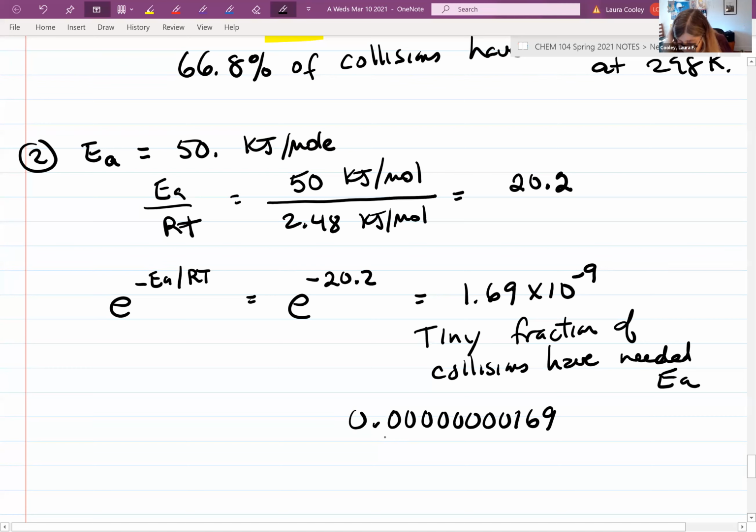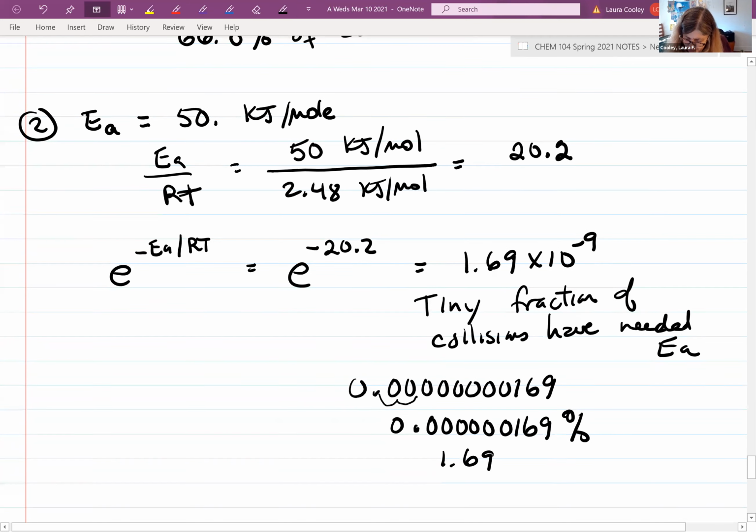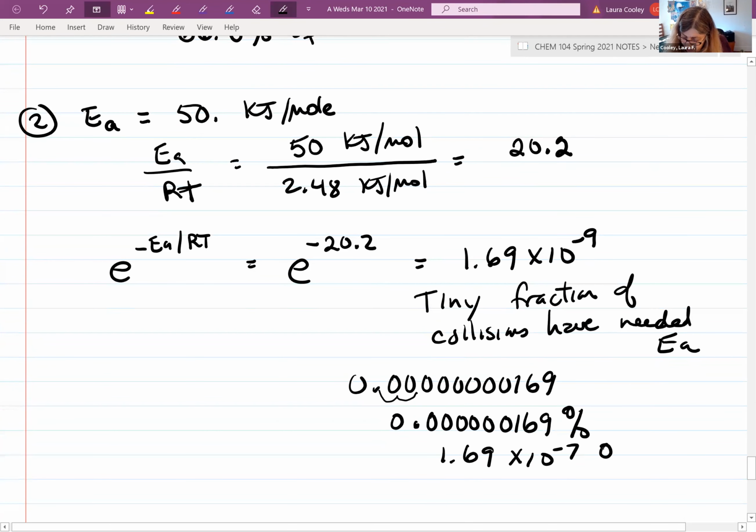Which means if we move the decimal place here, to make it a percent, this is 1.69 times 10 to the negative 7% of collisions that have the right energy.